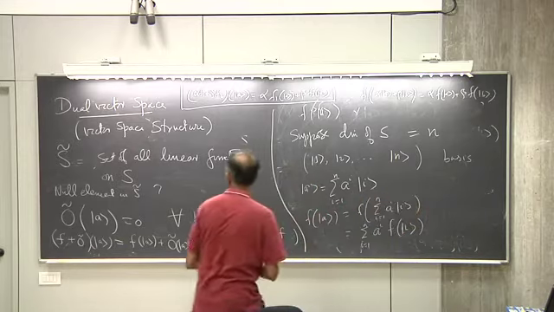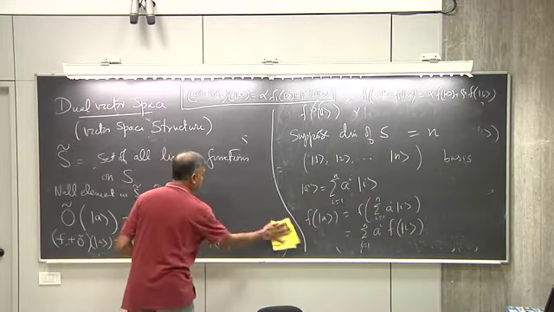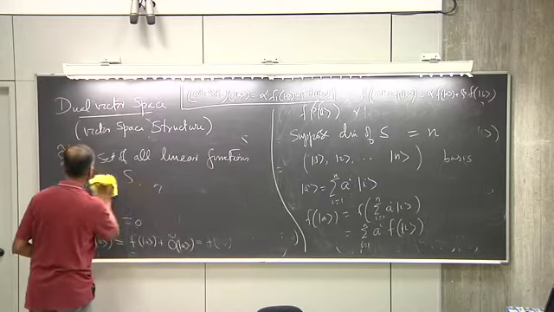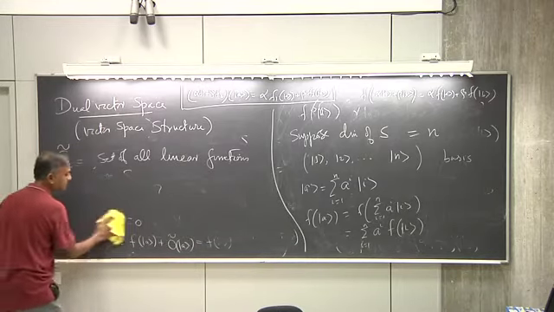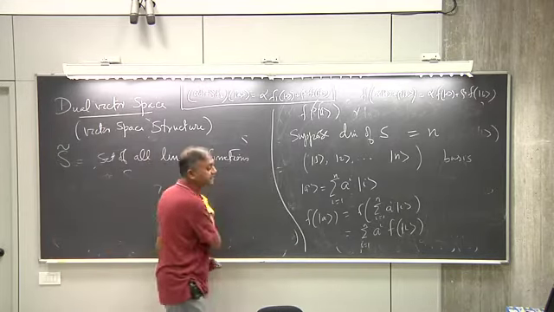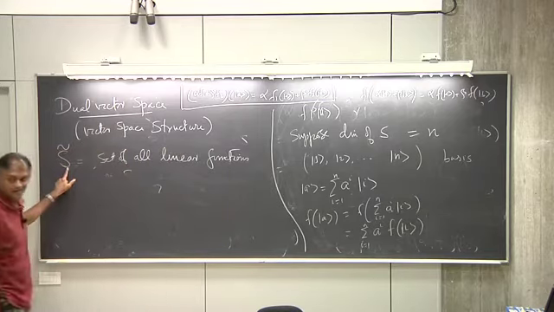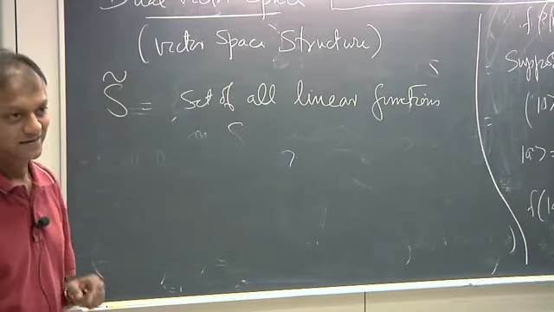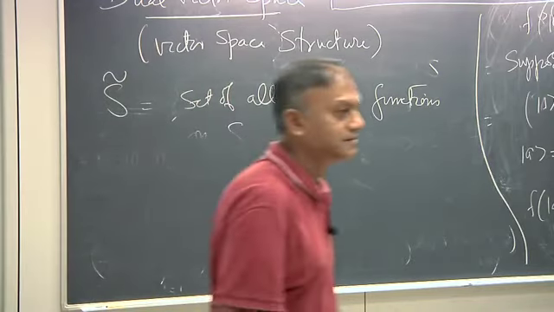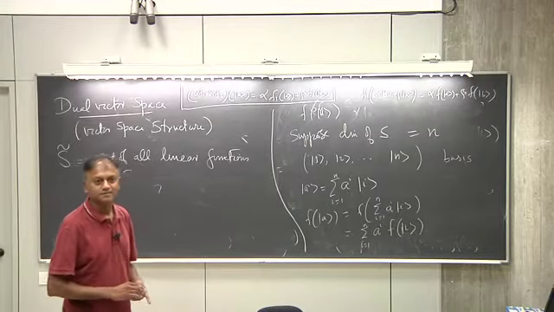Now I will try to show that in fact S tilde is also n dimensional, which means I can find n linearly independent functions. The maximal set of linearly independent functions here is n. Any question here? No. Okay.